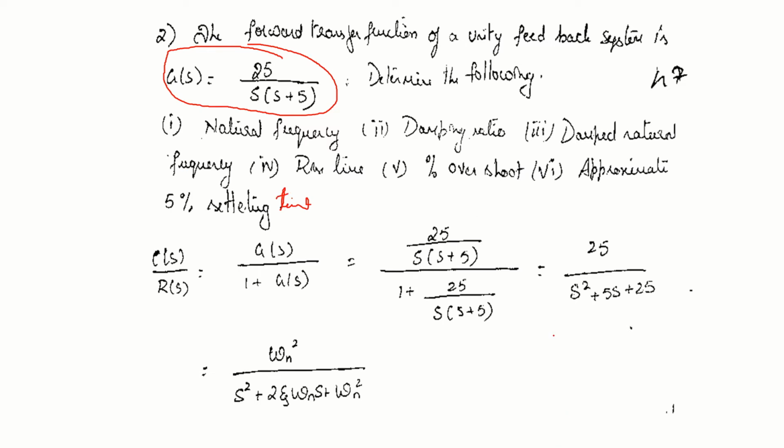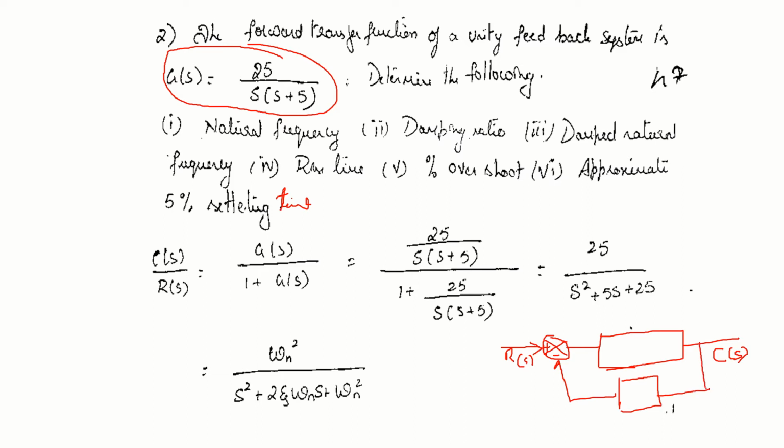So the idea here is to take our standard block diagram: R(s), this is G(s), this is C(s), this is plus, this is minus, H(s), like this.